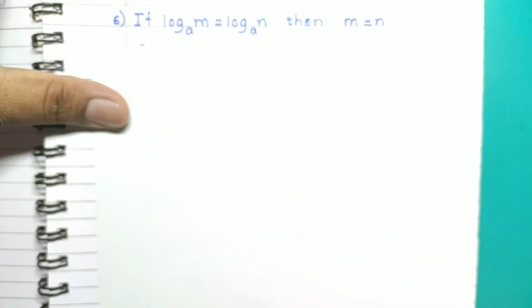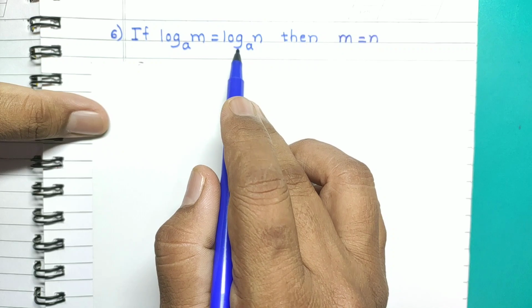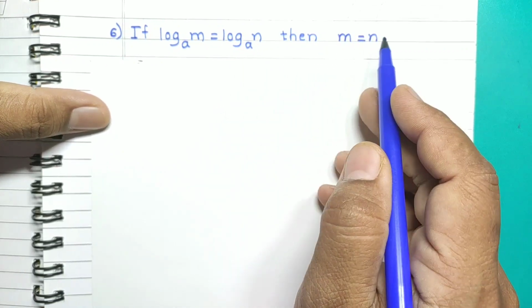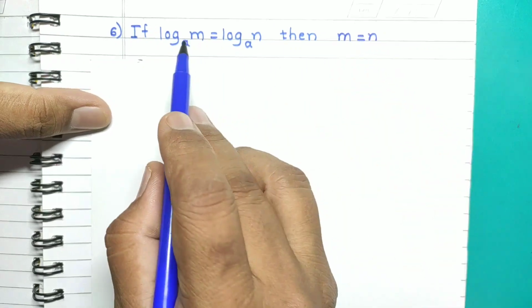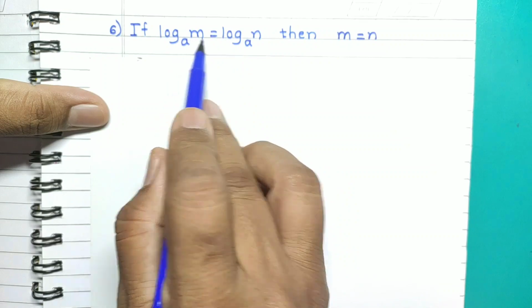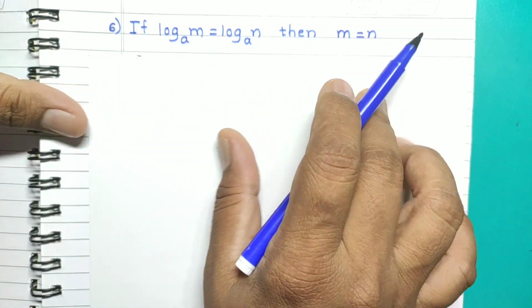Next, note that if log of m to the base a is equal to log of n to the base a, then m is equal to n. For both the logarithmic terms, bases are the same, so we conclude that m is equal to n.